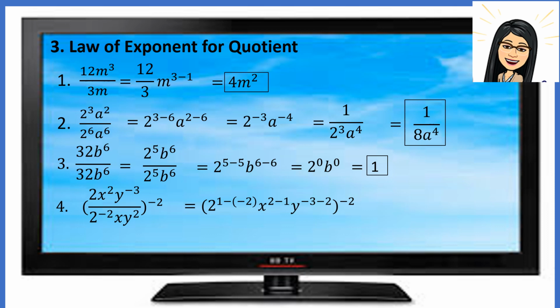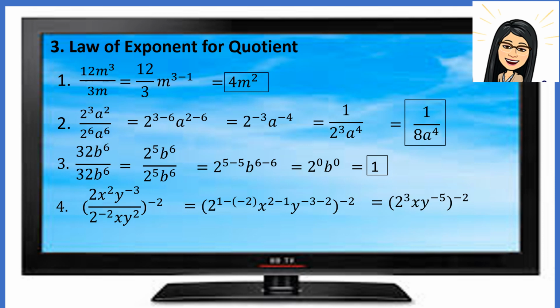For x as the base, that is raised to 2 minus 1. 2 minus 1 is 1. So simply, we have x. And for y, raised to negative 3 minus 2, that is equivalent to negative 5. So the whole quantity is raised to negative 2. So it becomes 2 cubed x y raised to negative 5 is raised to negative 2.